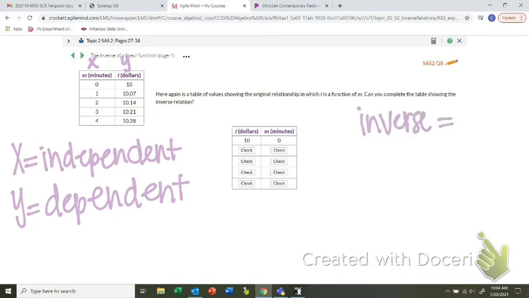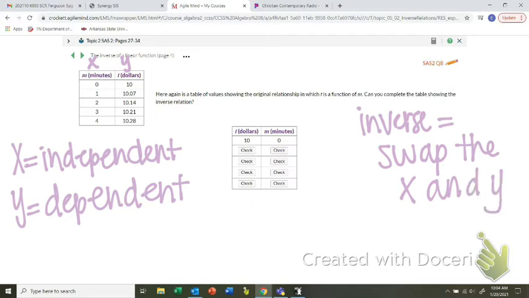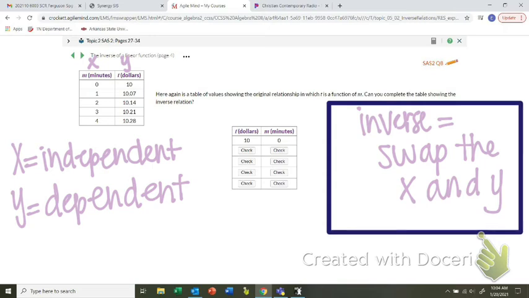Inverse equals swap the X and Y. And then I want you to box that. All right, that's what this whole topic is about, is swapping the X and the Y. That is what the inverse means.